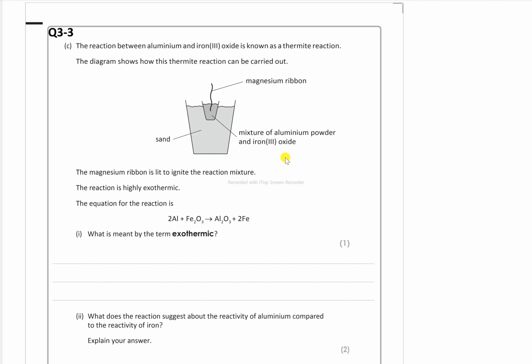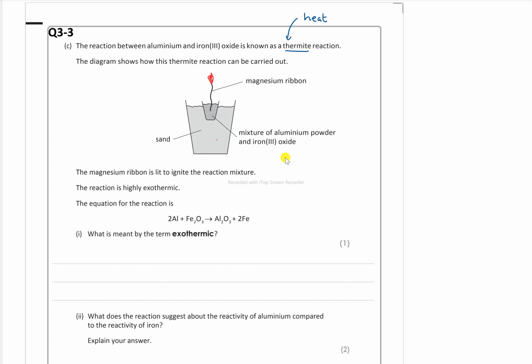Right, the reaction between aluminium and iron 3 oxide is known as a thermite reaction. Thermite, when you see the word therm, think of heat. So you've got magnesium ribbon, a mixture of aluminium powder and iron 3 oxide, and you've got sand. The magnesium is lit to ignite the reaction mixture.